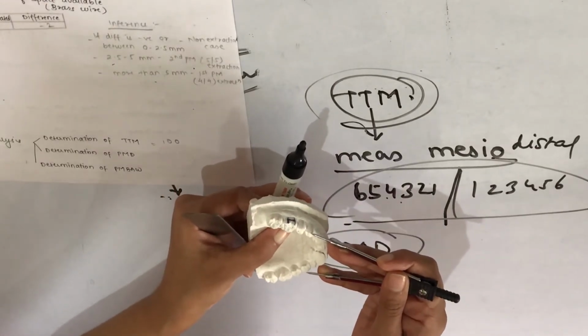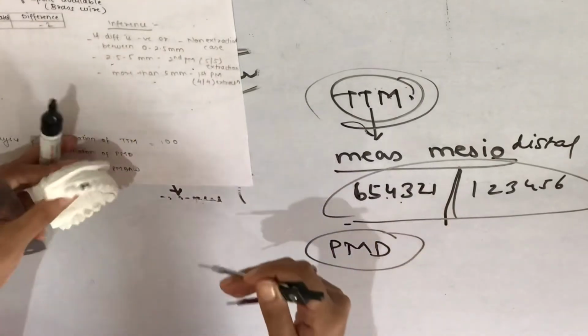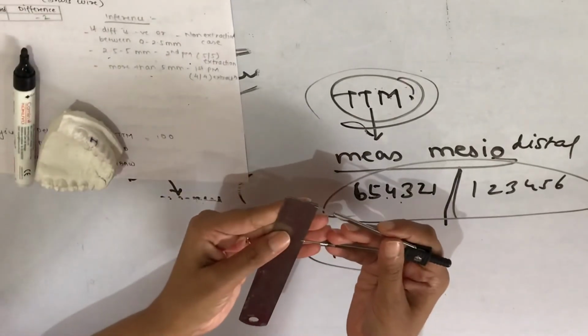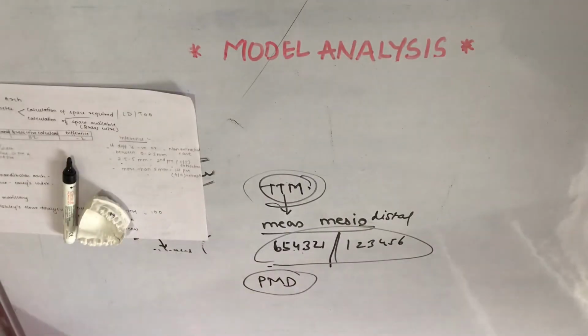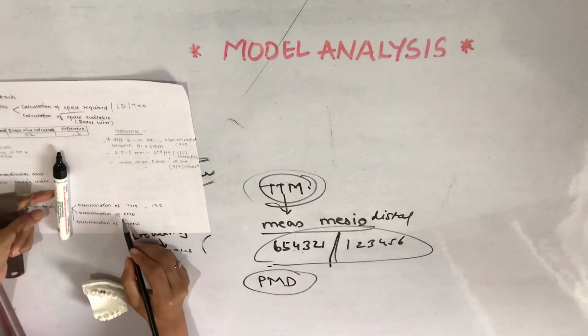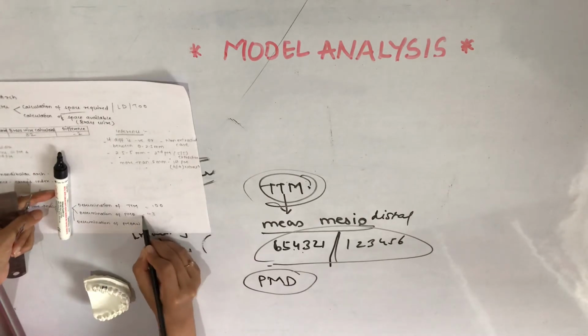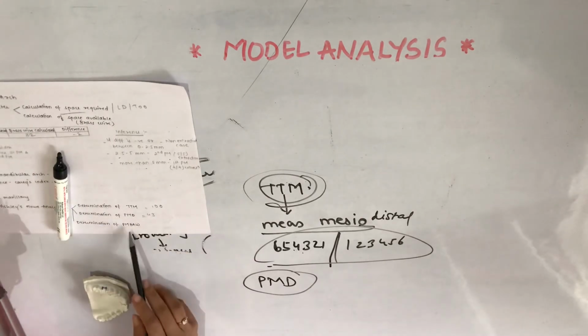Just remember, it is the first premolar, and then you calculate it on the scale. So this is coming out as 43. Now your premolar diameter is 43, and next is the premolar basal arch width.